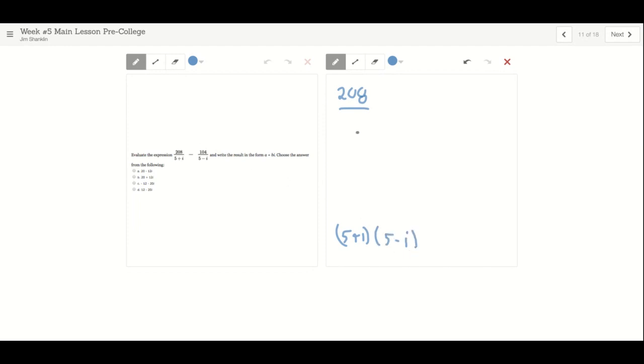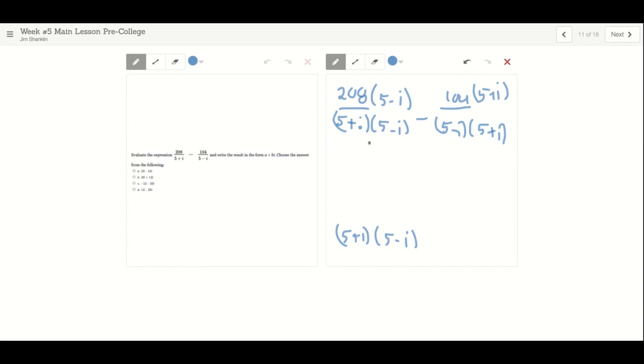So here I have to multiply by 5 minus i on top, minus, and then I have 104 here, and my common denominator, so I have 5 minus i. So I have to multiply by 5 plus i.